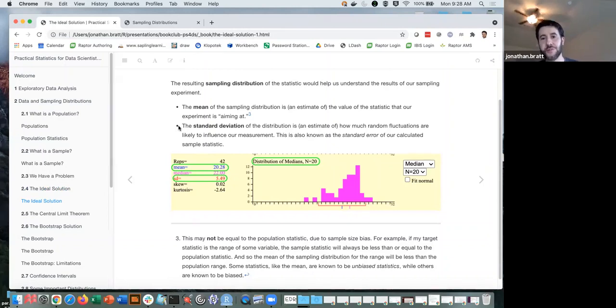The mean of that distribution is an estimate of the thing that our experiment is aiming at, although because we might be calculating a biased statistic, the mean of the sampling distribution might not be the mean of the parent population. And the standard deviation of the distribution would be an estimate of how much random fluctuations are influencing our measurement.